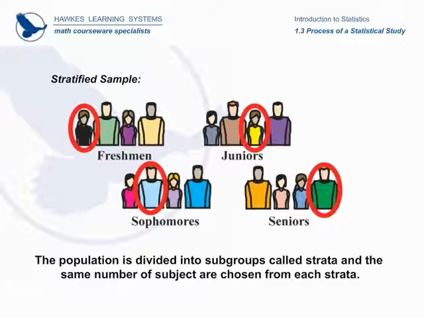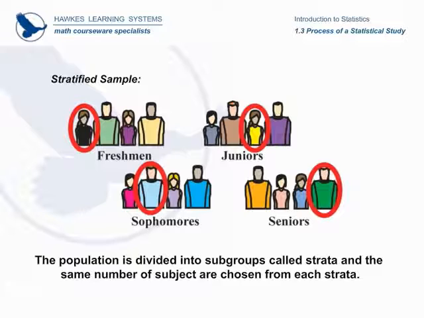Next, we have a stratified sample, and that's where the population is divided into subgroups called strata, and the same number of subjects are chosen from each strata. In this example, we have freshman students, junior students, sophomore students, and senior students, and those are called our strata.